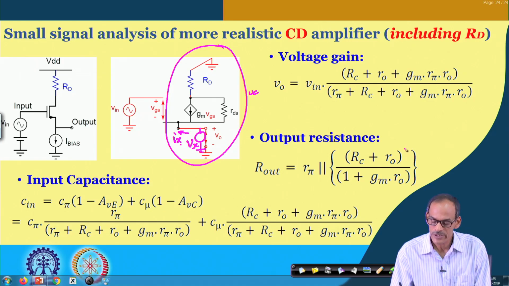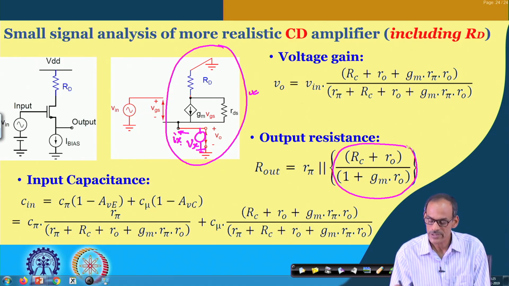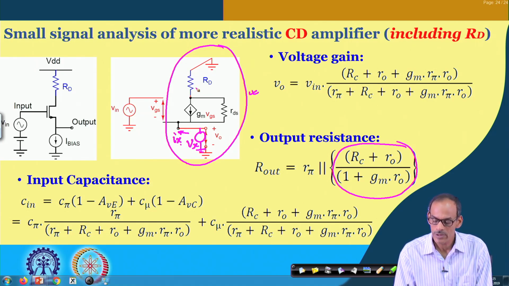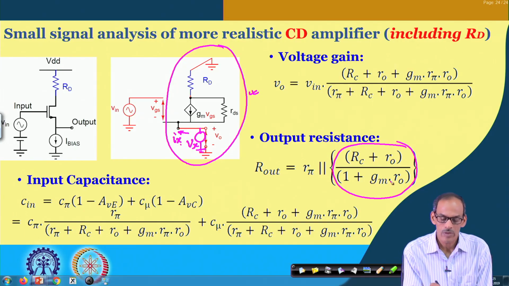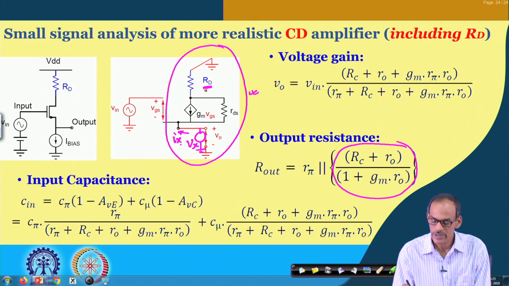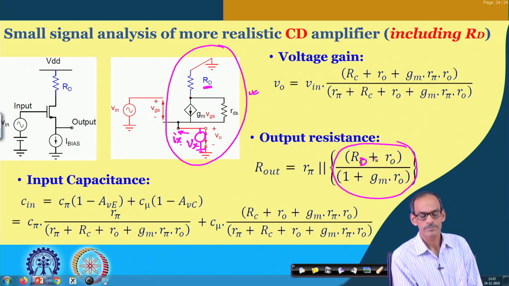And the previous analysis shows that the corresponding resistance is R c plus R naught divided by 1 plus G m into R naught. Now, instead of R c we can write R d for this case, and the rest of the things are the same.